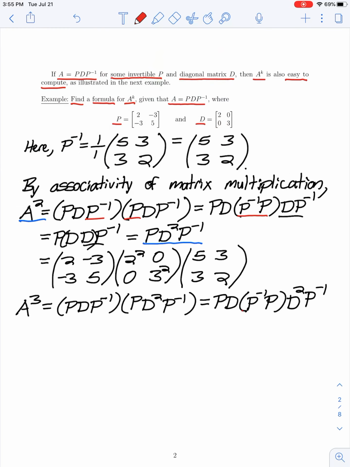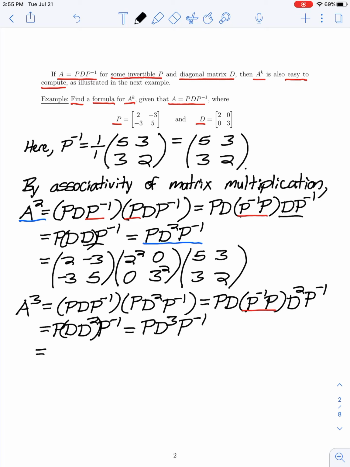Again, this middle part of our product, P inverse times P, is simply the identity matrix, which acts as a 1 for matrix multiplication. So I'm left with P times D times the identity matrix, which would just be PD, and then we're multiplying by D squared times P inverse. This middle part of our product where we have D times D squared becomes D cubed. So I have P D cubed P inverse.